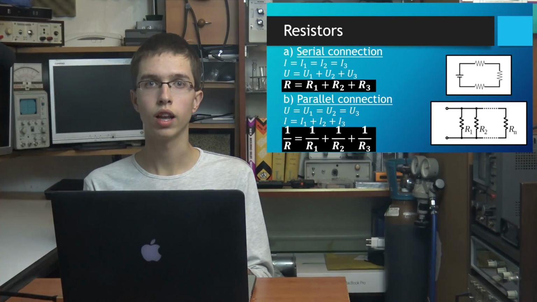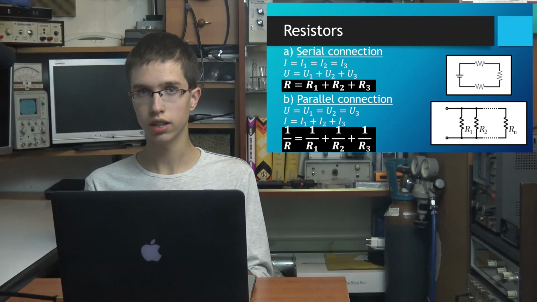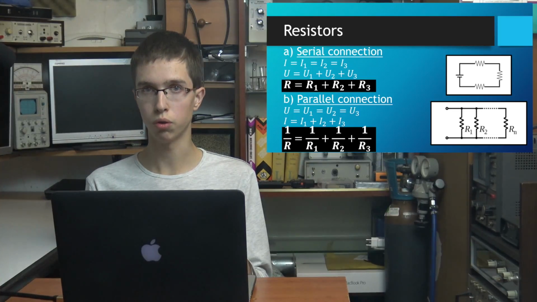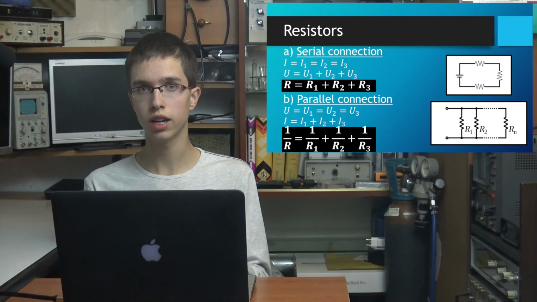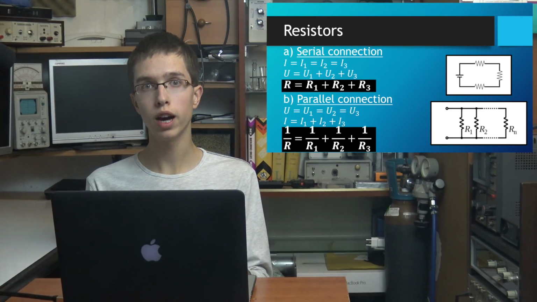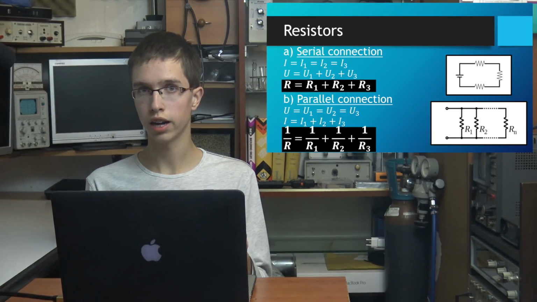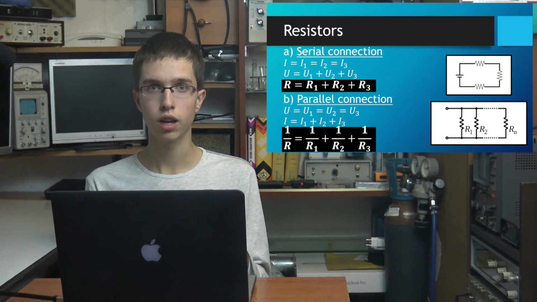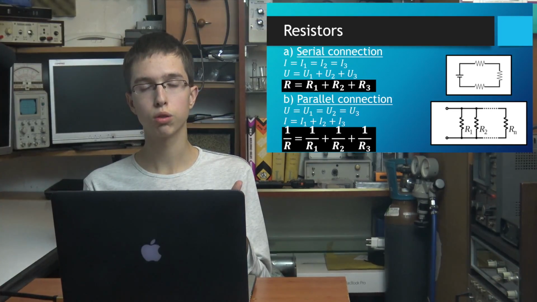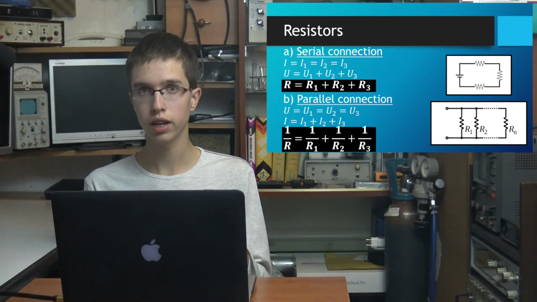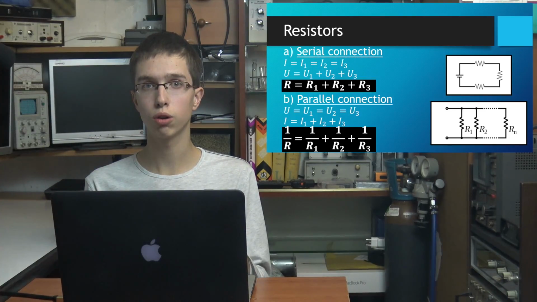Furthermore, using the formula U is I times R, which is derived from Ohm's law, we can write that I times R is I times R1 plus I times R2 plus I times R3, and if we divide the equation by current I, which is equal at all resistors, we can get that R is equal to R1 plus R2 plus R3, which is the formula for calculating total resistance in a circuit if resistances of the 3 resistors are known.